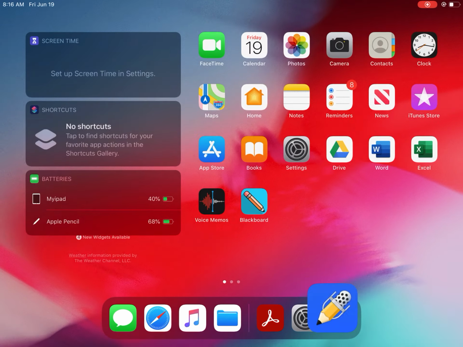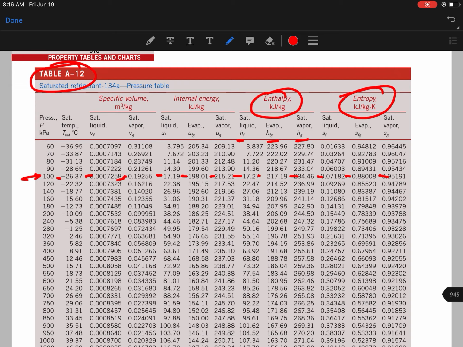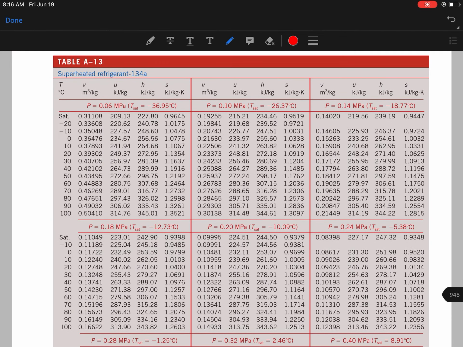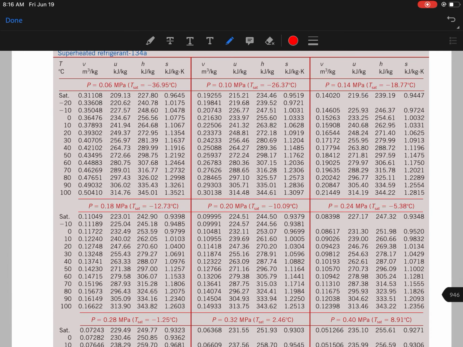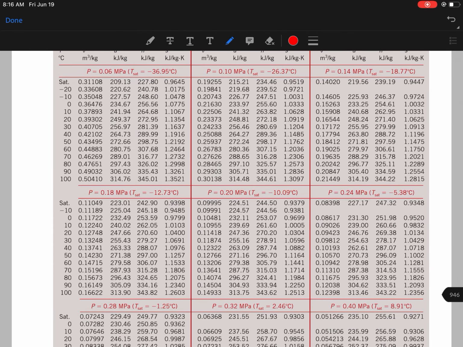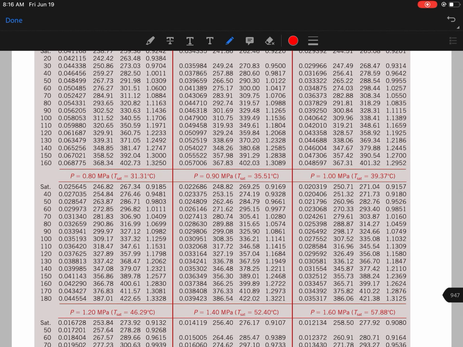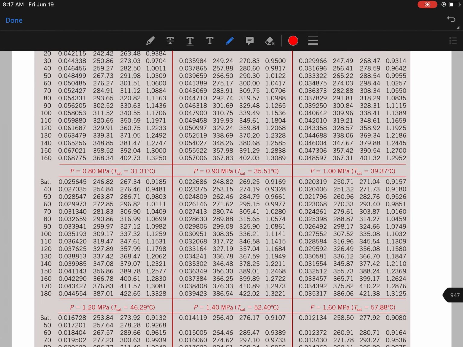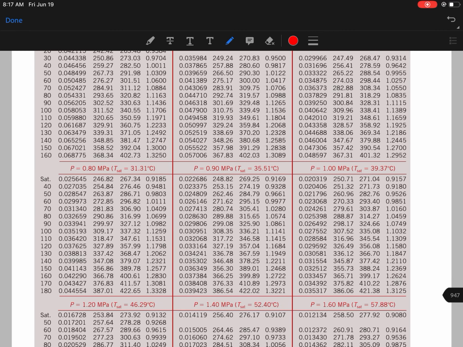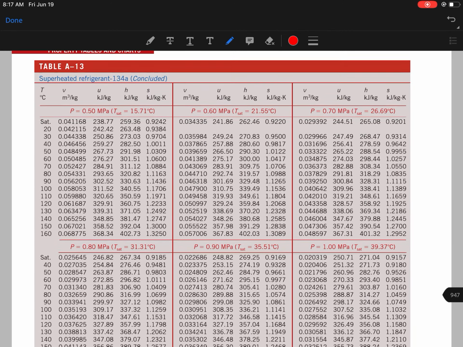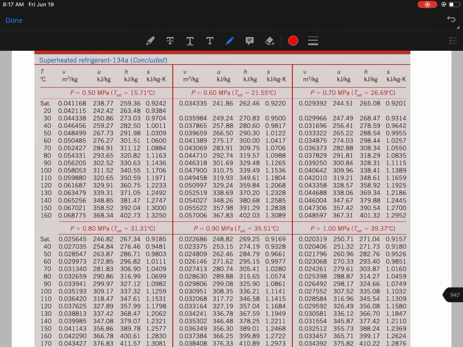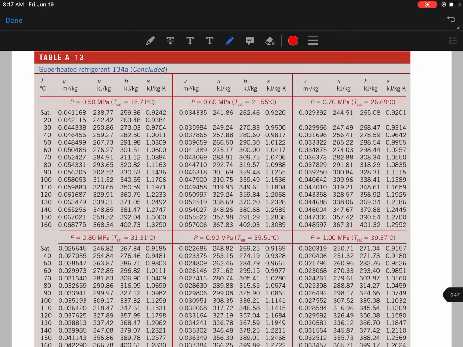So let me show you. At 1 megapascal, here is the superheated refrigerant, right?